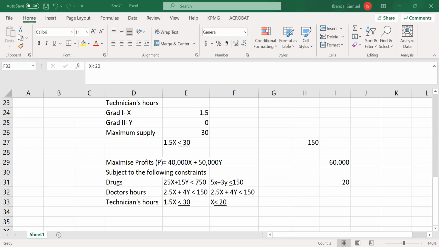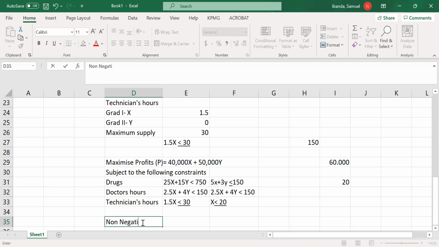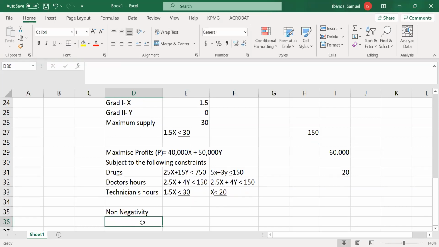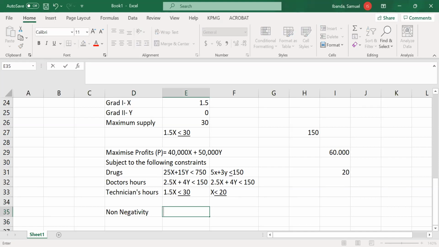So if we have that, one of the other things we also do is the non-negativity function. Non-negativity basically means we cannot have negative patients. So X and Y cannot be negative. So X, Y should be greater or equal to 0.